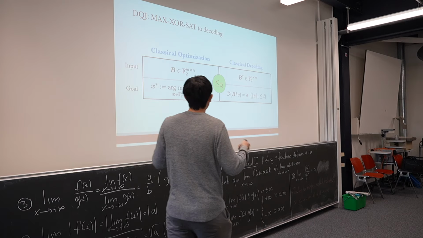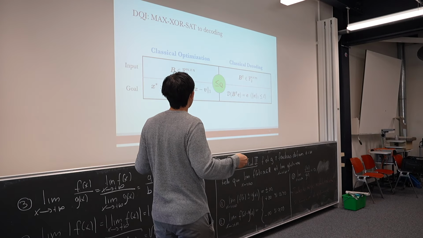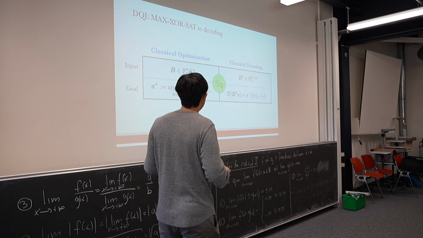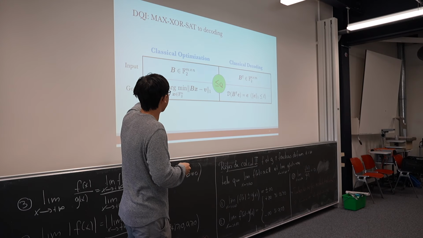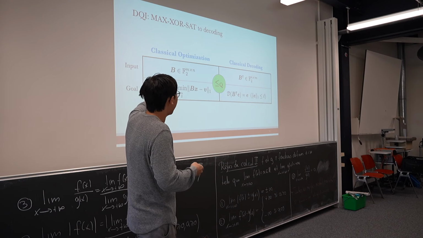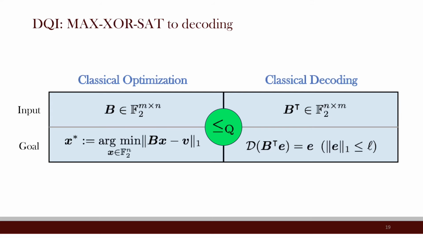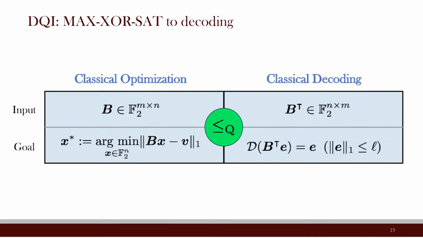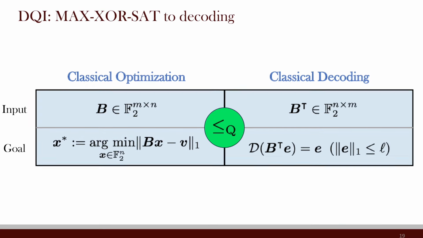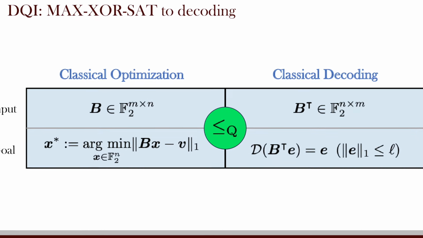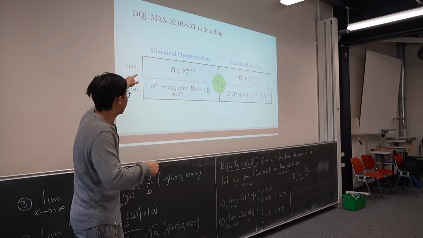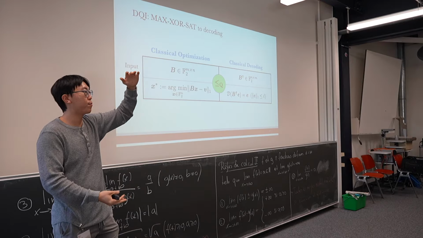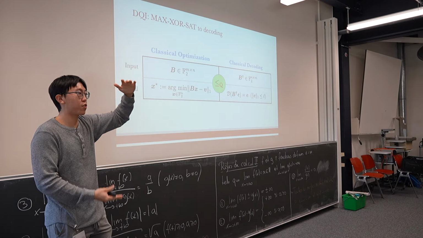Given all this, I can now tell you pretty concisely what DQI's reduction is. It's a reduction between this optimization problem of max K XOR set, or max XOR set, and decoding, where I am decoding specifically the code whose parity check matrix is specified as the transpose of the optimization matrix. So here, this B, remember it's a tall matrix, it's n by n, it's an over-constrained system.